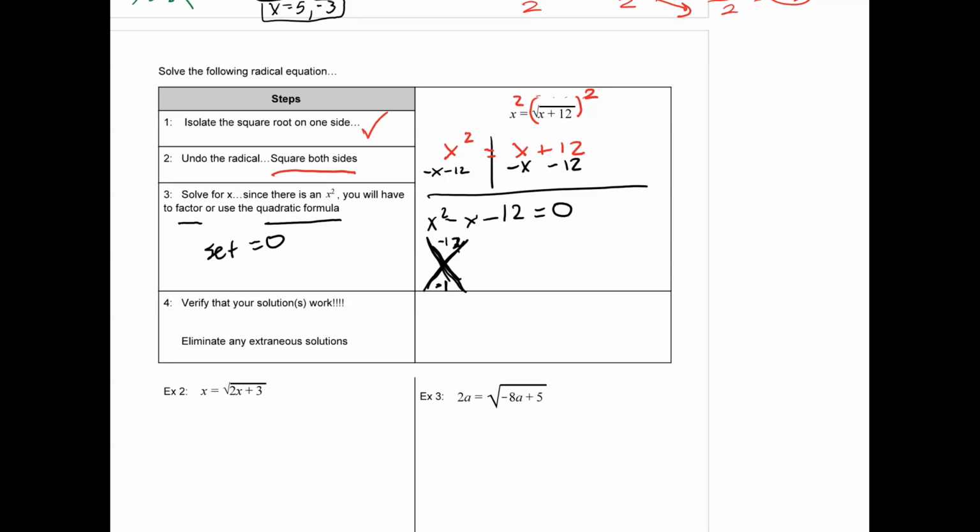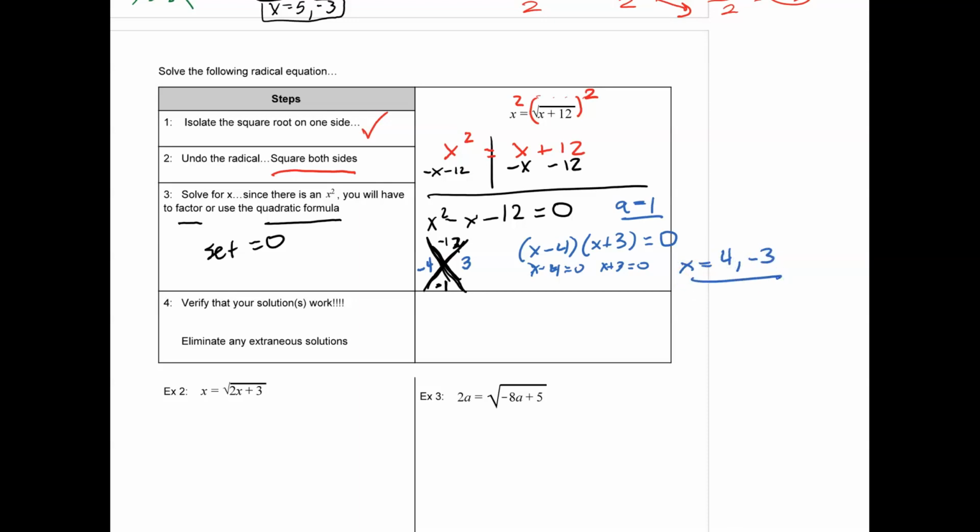Two numbers that multiply to negative 12 add to negative 1, negative 4 and 3. In this one, I'm going to take the shortcut. Since our a value is 1, you might recall that we can skip the factoring by grouping and go straight to our factored form. And we take our factors, set them equal to 0. We get x equals 4 and negative 3.